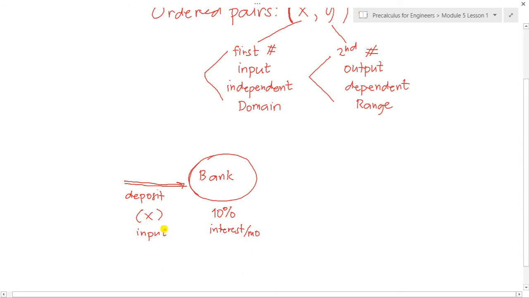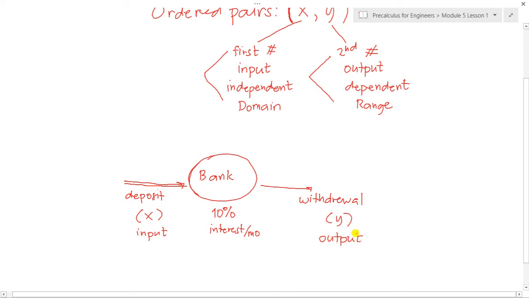So we now already applied the first definition of our first number, which is our input. And then since you deposited it in a bank, after a month, of course, it will grow. So you'll be able to withdraw a certain amount of money. This would be your withdrawal, and we can represent this by another variable, which is your y. So this would be your output.